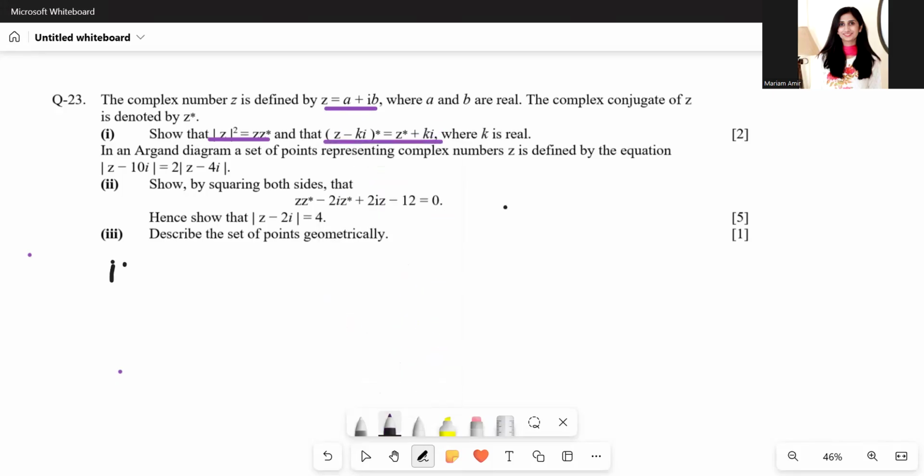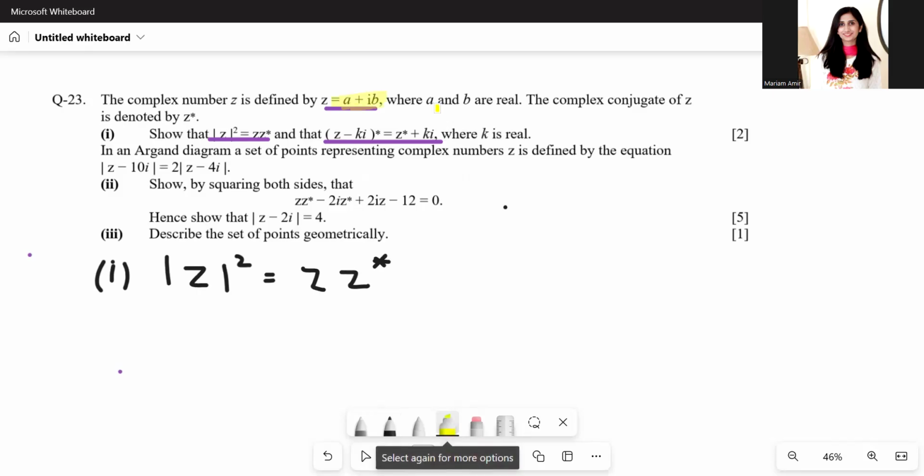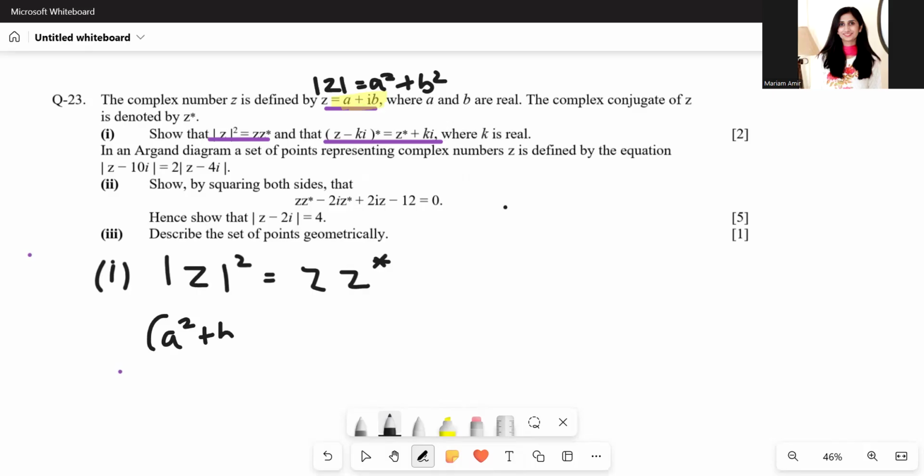In part 1, we have to show that modulus of z squared gives us the same answer as z times z conjugate. Modulus of z would be applying Pythagoras theorem on it, so it's just a squared plus b squared.